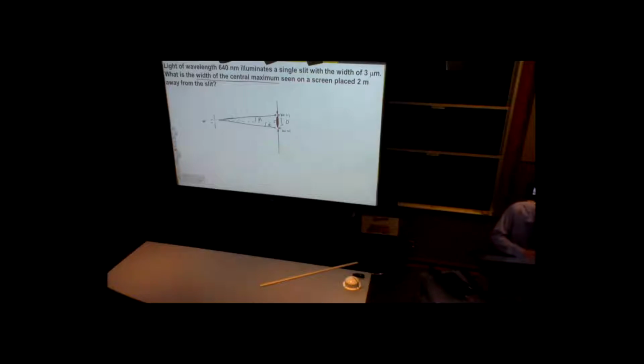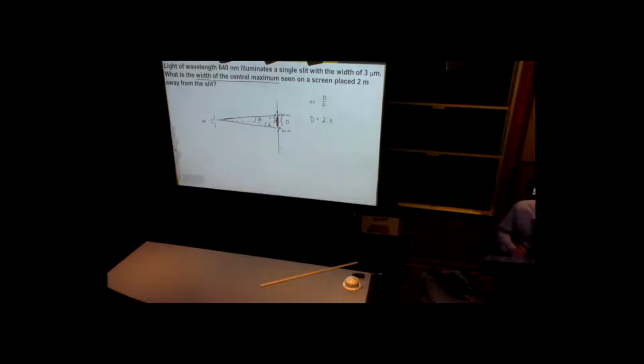And this, we can call it x, should be equal to exactly half of what we're looking for. So basically that's what we need to do, 2 times x. How do we find x? What do we need to do?